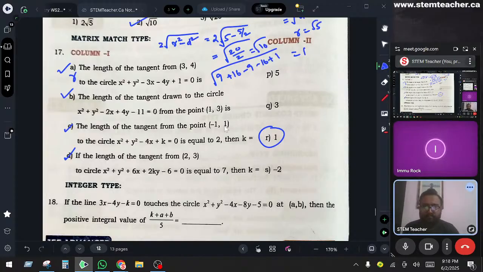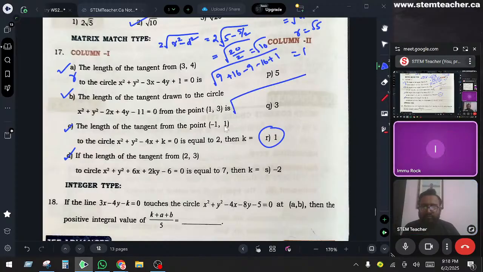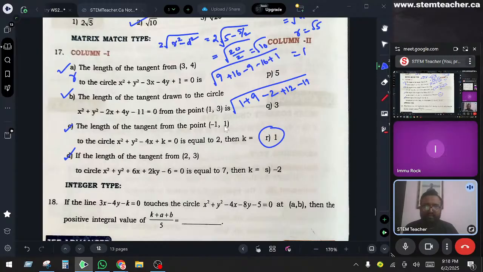Same. Under root of 1 plus 9 minus 2 plus 12 minus 11, 13 minus 13, it's 3.